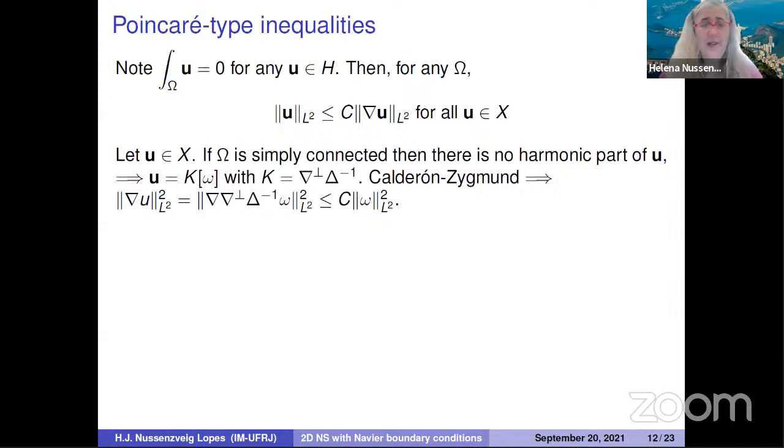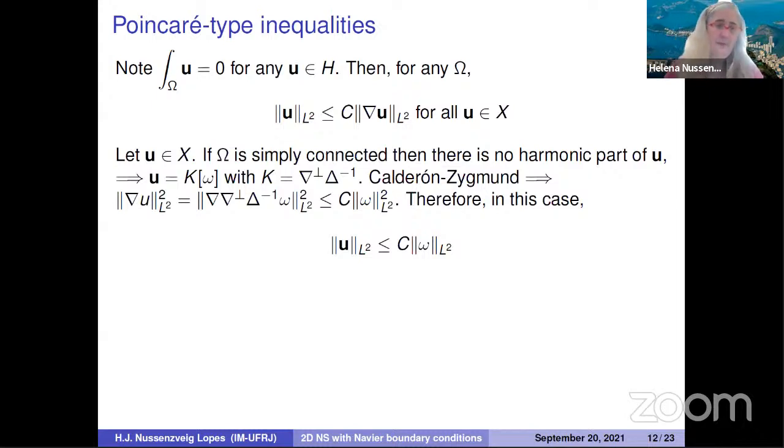In other words, a zero-order differential operator applied to omega, and that's obviously bounded by C times the L2 norm squared of omega. Therefore, in this case, you can show that the L2 norm of U is bounded by C times the L2 norm of omega, using the first Poincare inequality.